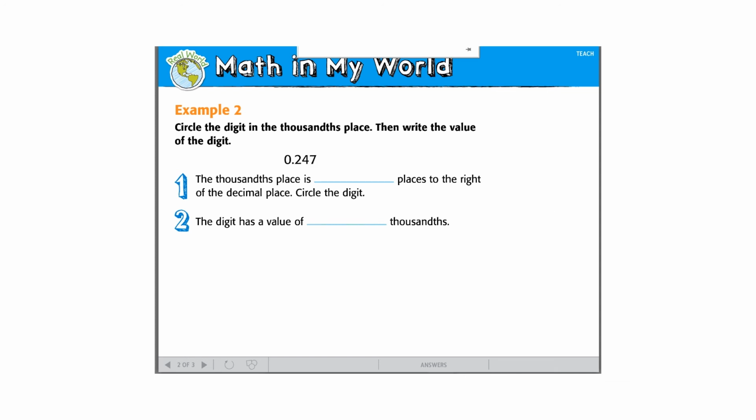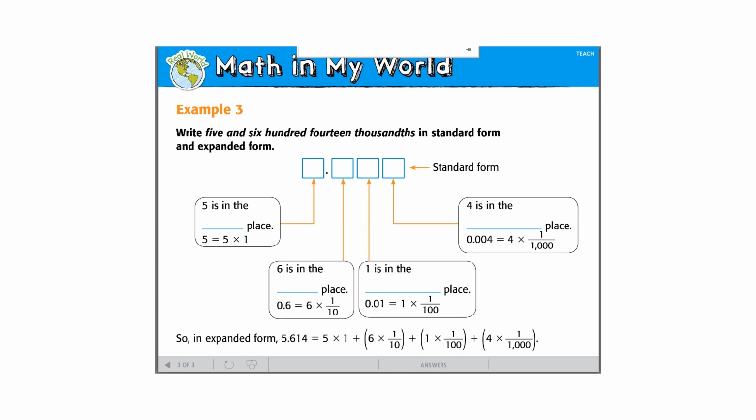Okay, let's look at the last slide I have for you here. Example number 3. It's on your paper on the back of that first page. So you're going to write this number. This time, they've given it to you in word form, and you have to write it in standard form. Write this number: 5 and 614 thousandths.